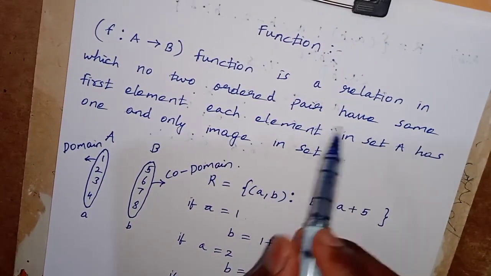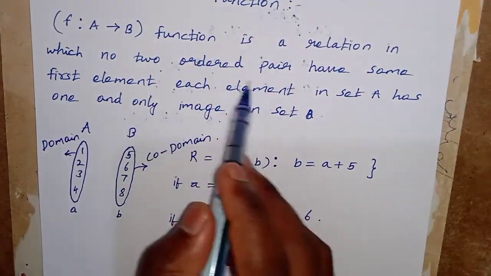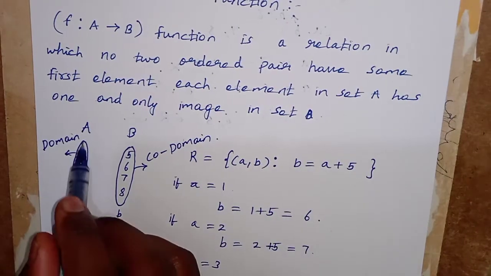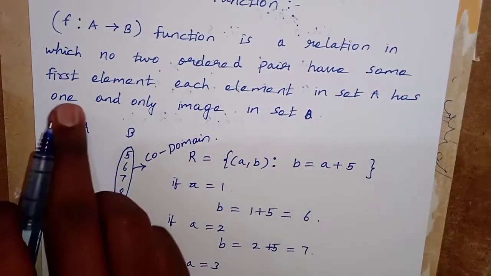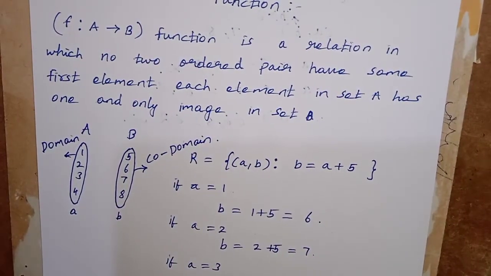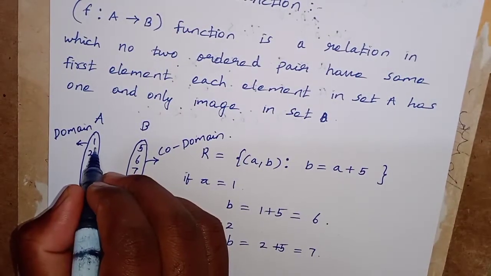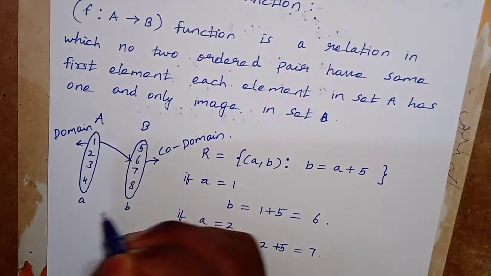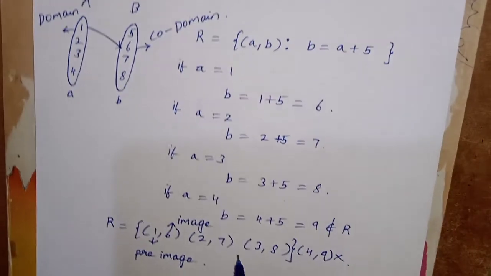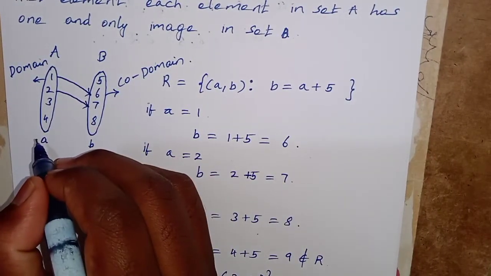Here in the statement it is clearly said that no two ordered pairs have the same first element. Each element in set A has one and only one image. See, for 1 here it is 6, therefore 1 is related to 6. Next 2 comma 7, here 2 is related to 7.